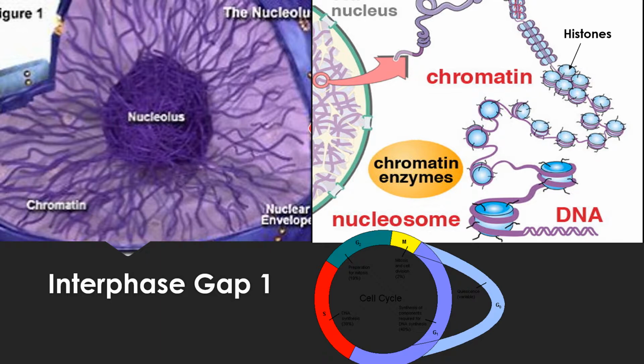This gives us a good idea of what it starts out as. In order to go through mitosis, that chromatin has to be condensed into chromosomes, those X-shaped chromosomes that we're more familiar with.